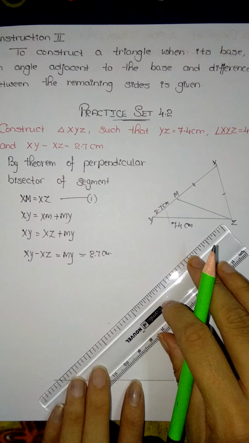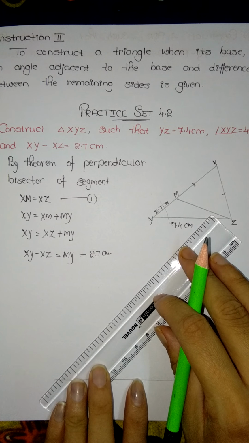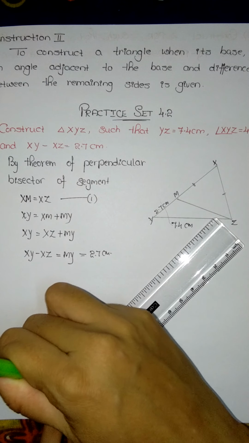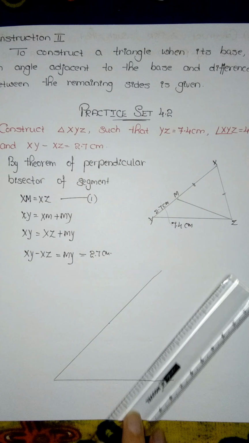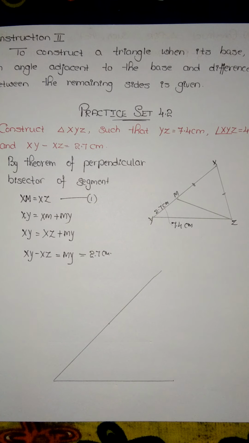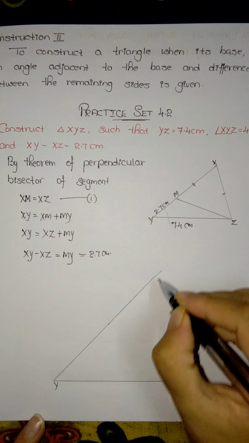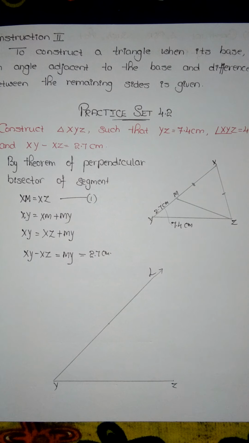So join this and extend the line. This is YZ, and this is the line L. Now take a point M on the ray YL such that YM is 2.7 centimeter.